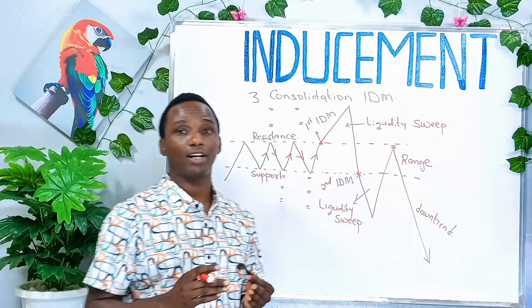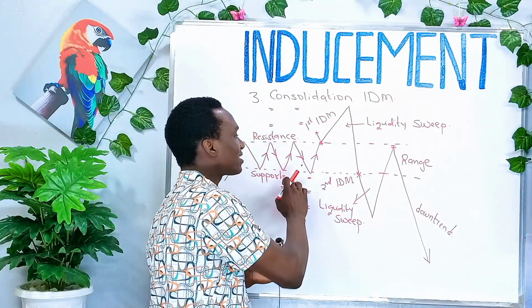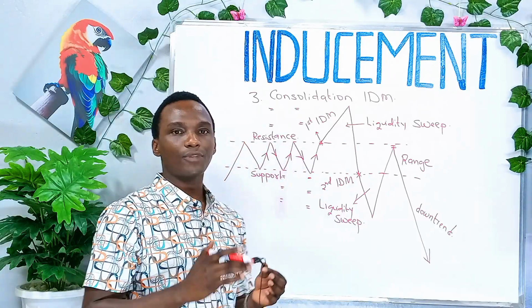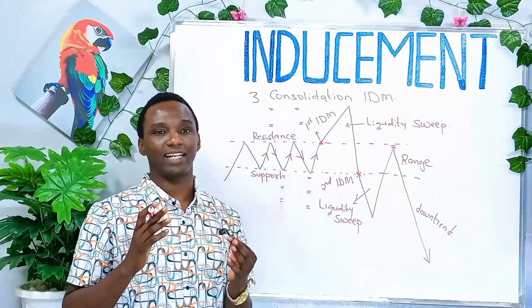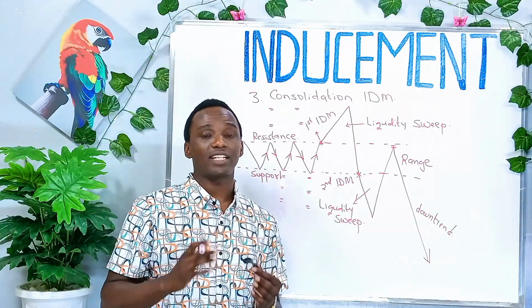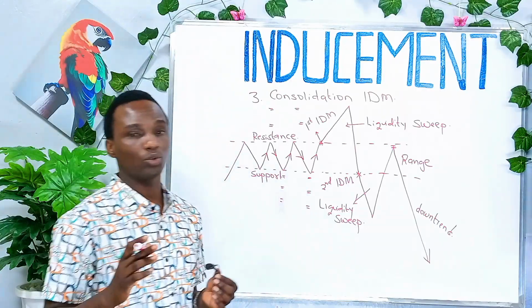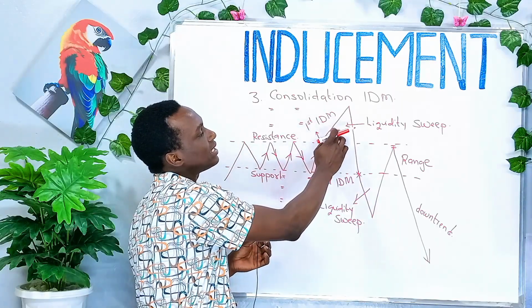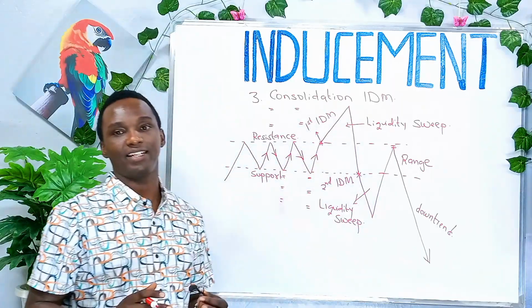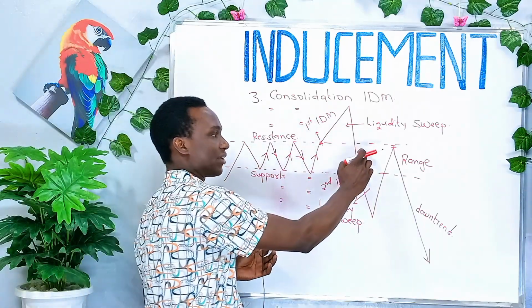Okay, however, these support and resistance levels can be used as inducement areas. Okay, so that is why you see the price breaking out to clear the liquidity on either side of this range.